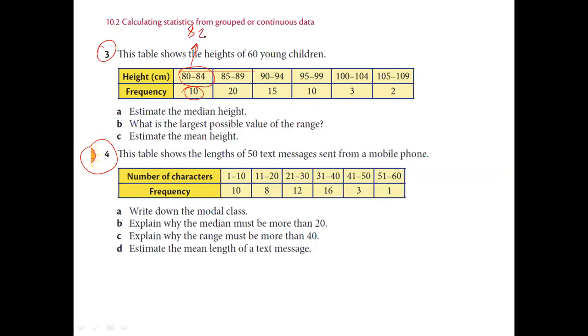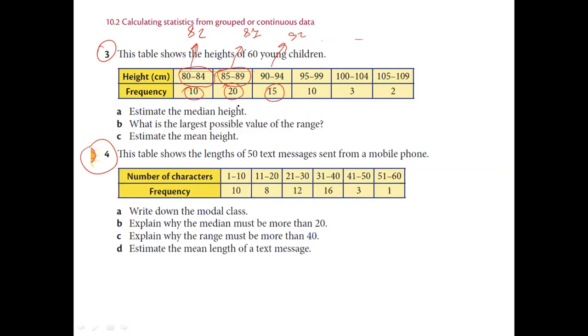Of course, 82 centimeters. The children's height is to the nearest centimeter, and 20 children have height between 85 and 89. What's the mean of these two numbers? It's of course 87. And 15 children have height 92, and the others you will find.